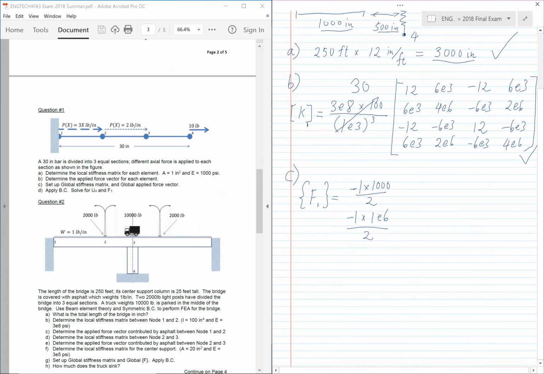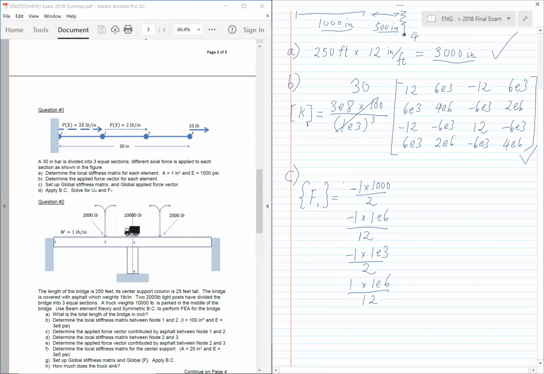And then it will be 1e to the 3 divided by 2. And then finally, this is positive, times 1e to the 6 divided by 12. Sorry, I missed a 1 here.